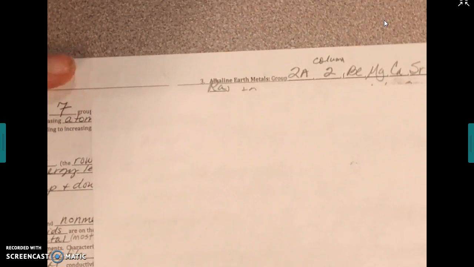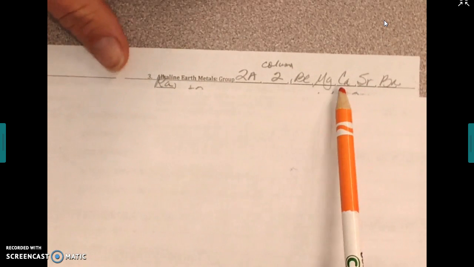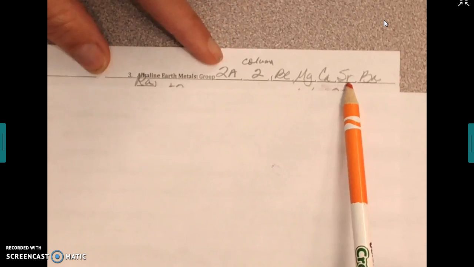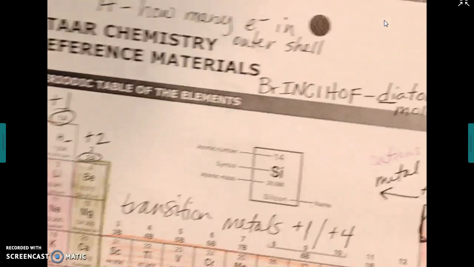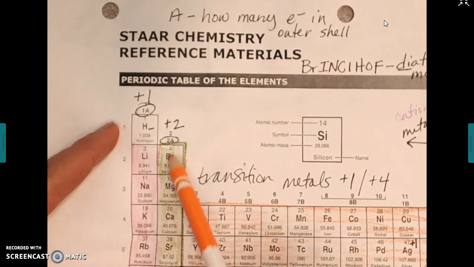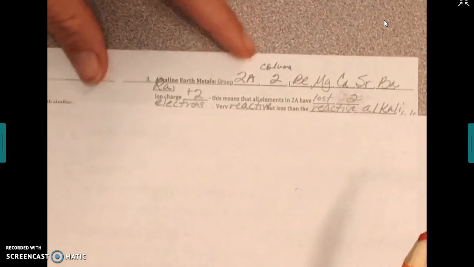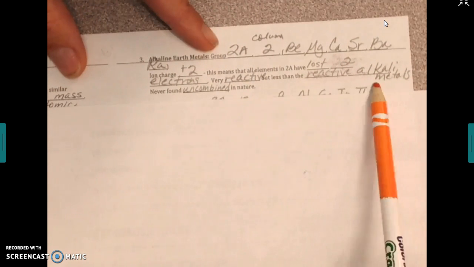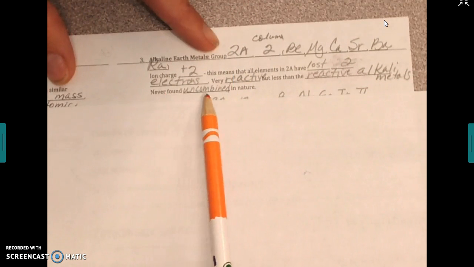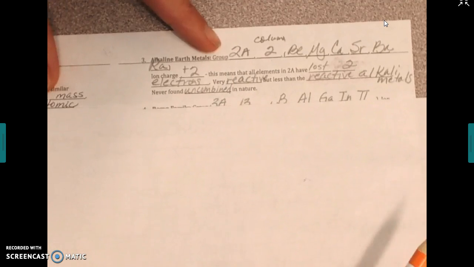Alkali earth metals are group 2A or column 2. They are beryllium, magnesium, calcium, strontium, barium, and radon. The ion charge is +2 here. They are very reactive, but less reactive than the alkali metals, and they are also never found uncombined in nature.